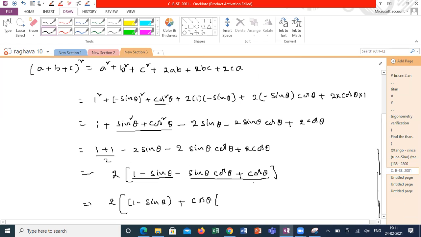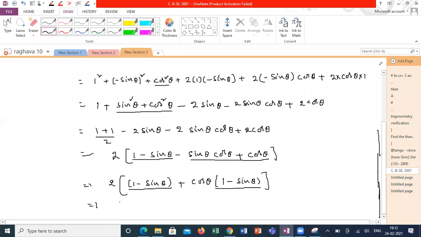If I'm taking plus cos theta, from here 1, from here minus sine theta. See here, this is first term 1 minus sine theta and again 1 minus sine theta is common. So 2 into, if I'm taking 1 minus sine theta common, 1 plus cos theta.